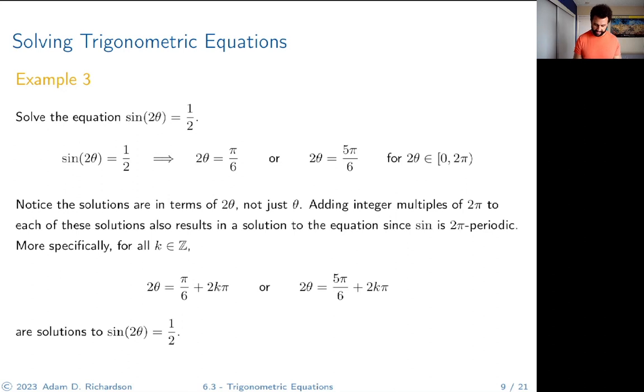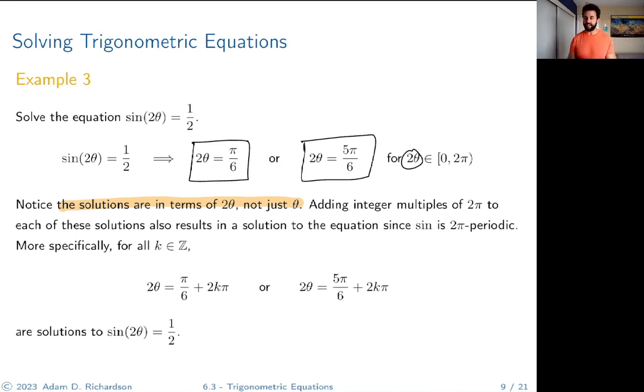What we have shown is that 2 theta is pi over 6, or 2 theta is 5 pi over 6. And this is for any 2 theta in the interval 0 to 2 pi. And the important thing to notice here is that the solutions are in terms of 2 theta, not just theta. And that's one of the reasons it's so important to really just make sense of what sine is giving you. Sine is just giving you a vertical displacement.